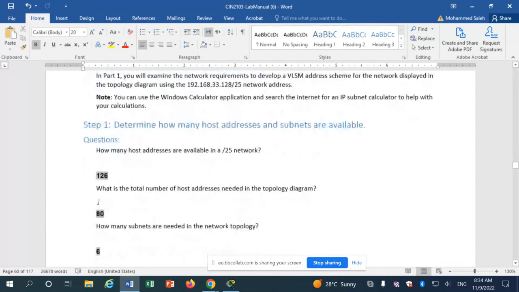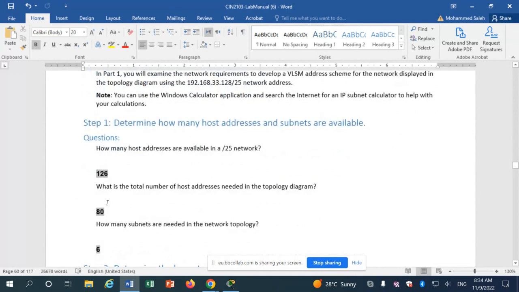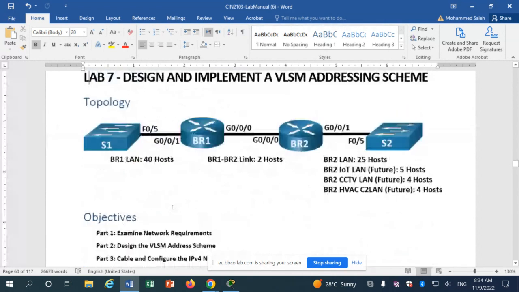What is the total number of host addresses needed in the topology diagram? Look here, we have the BR1 LAN, network 1, with 40 hosts.